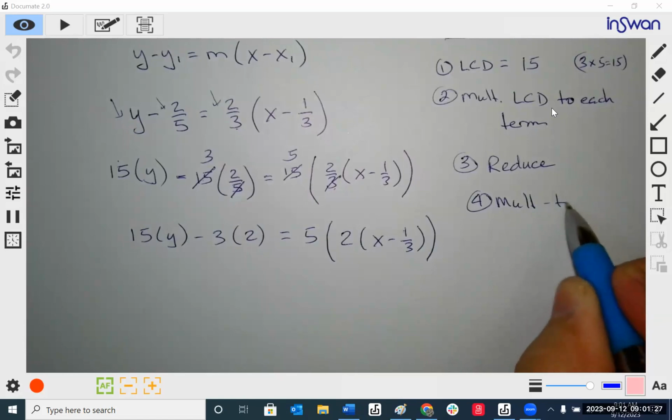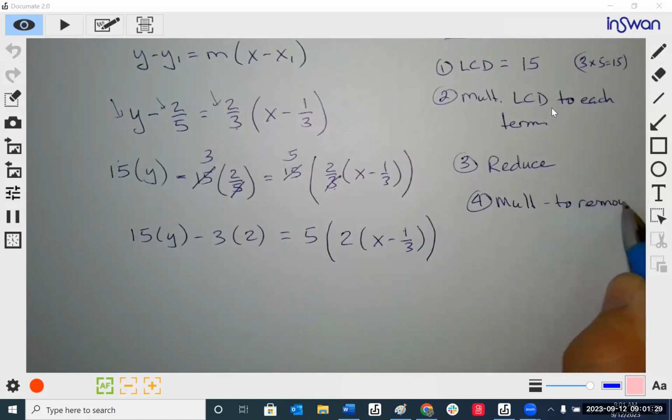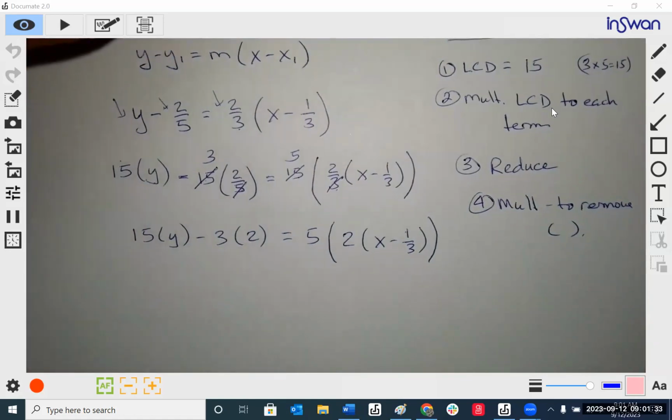Multiply to remove the parentheses. 15 times y is 15y.